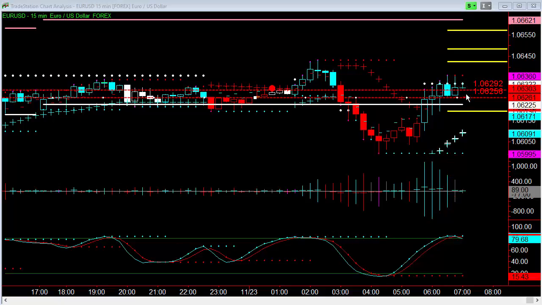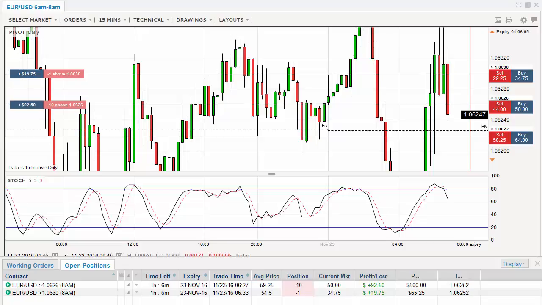You can also see these red dotted lines correspond to the strike prices in Nadex. So I set it just one tick lower: 1.0629 and 1.0625. If price goes beneath these two dotted lines, then more than likely you are making money. As you can see, it's starting to move in my direction.